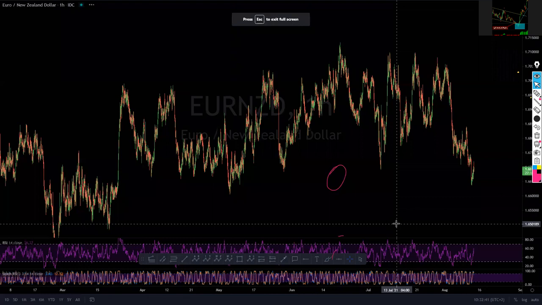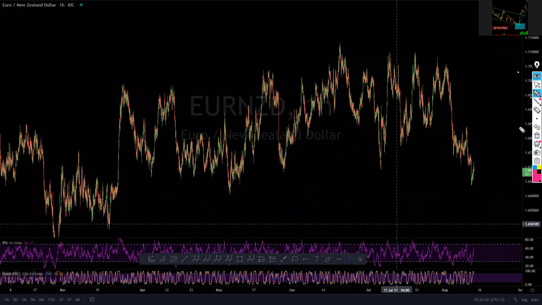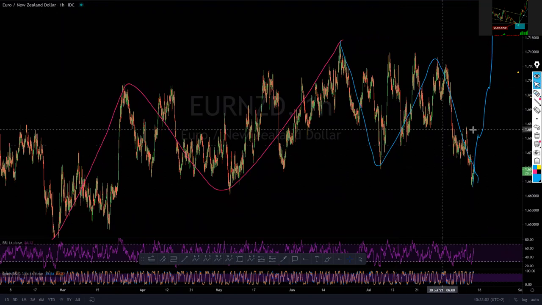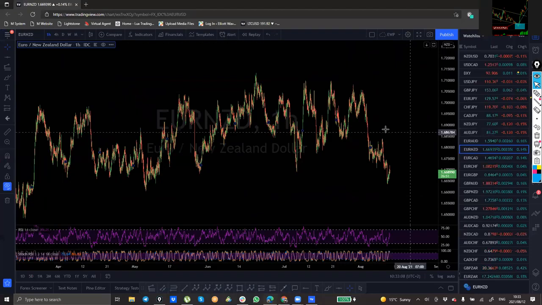After it gave us this 1, 2, 3, then it gives us this 1, 2, 3 lower, and we're expecting higher. So no trade setup on this one at all at this stage.